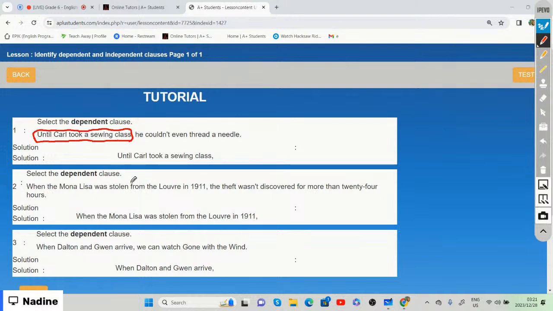So we need to also select the dependent clause in the next sentence. It says, when the Mona Lisa was stolen from the Louvre in 1911, the theft wasn't discovered for more than 24 hours. So we need to select the dependent clause.